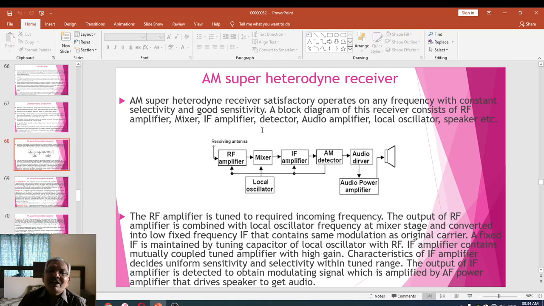If you look at the block diagram of AM super heterodyne receiver, it consists of a receiving antenna, RF amplifier, mixer, local oscillator, IF amplifier, detector, audio driver and audio power amplifier. Its output is given to the speaker.